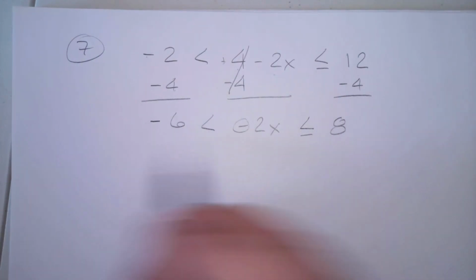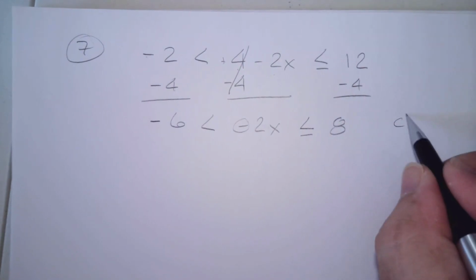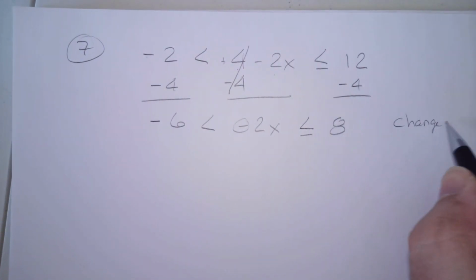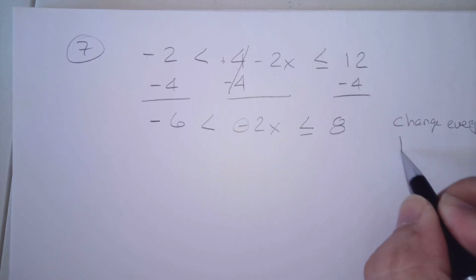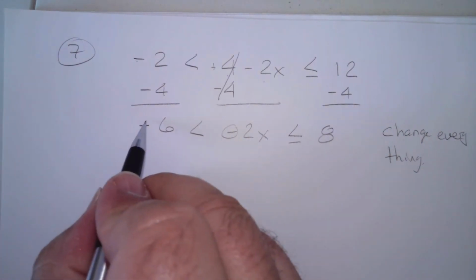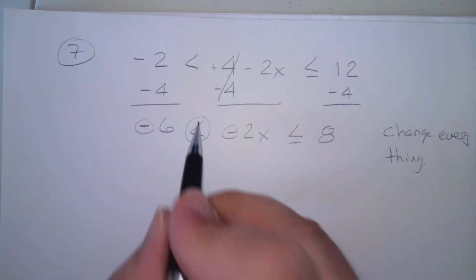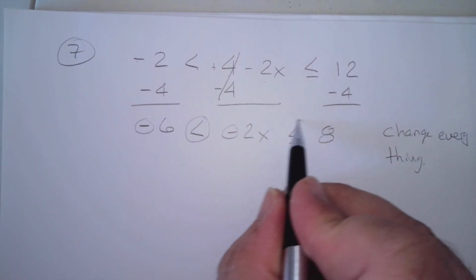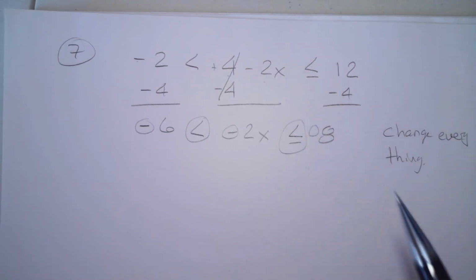Negative sign. So change everything. Change the sign of the first one, change the direction, change the sign from x, change the second one, and change the sign of 8.